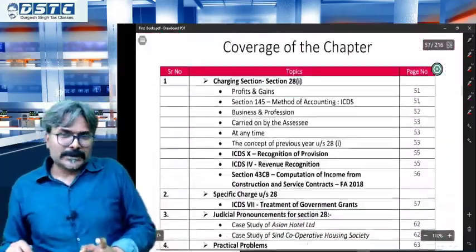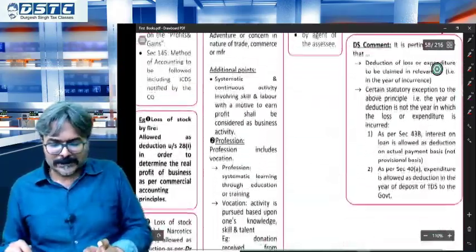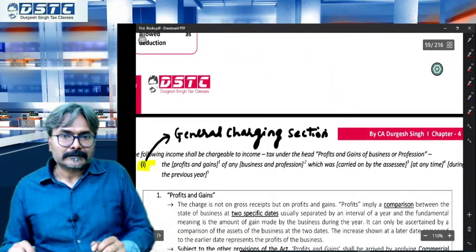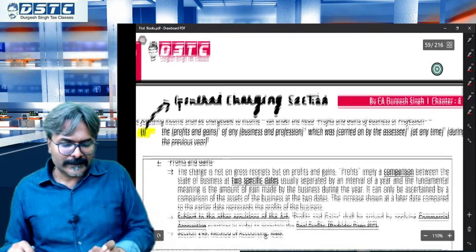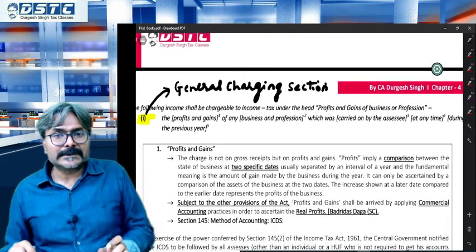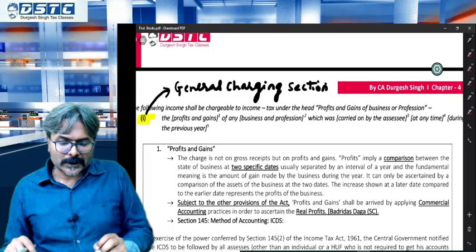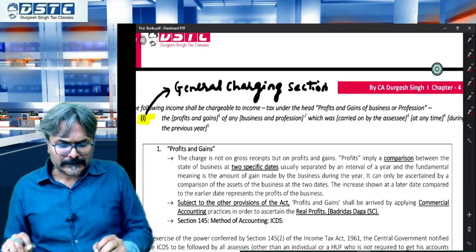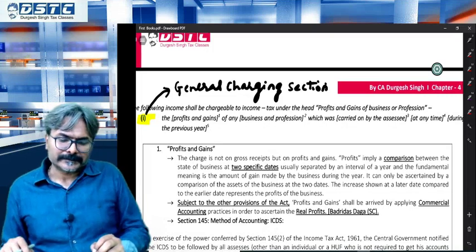With that, students, let's come to the charging section again, and what it says: profit and gains of any business and profession which was carried on by the SSC at any time during the previous year.